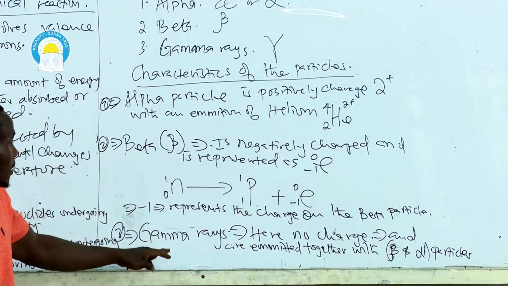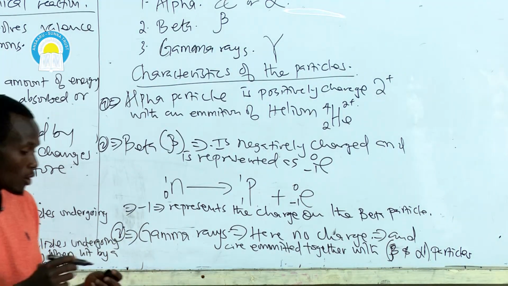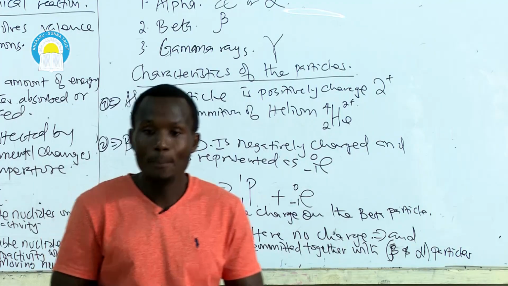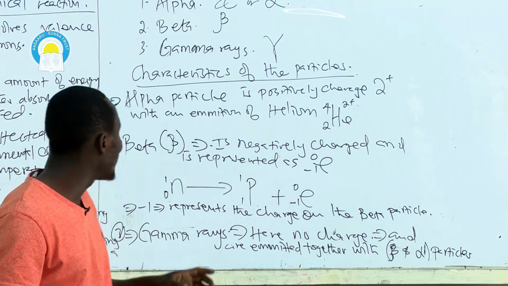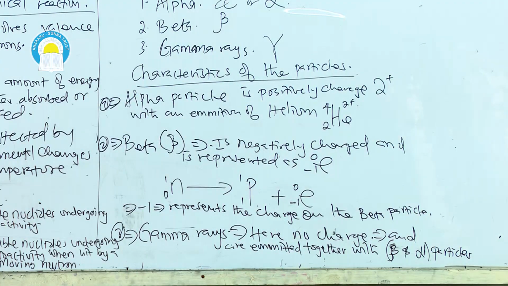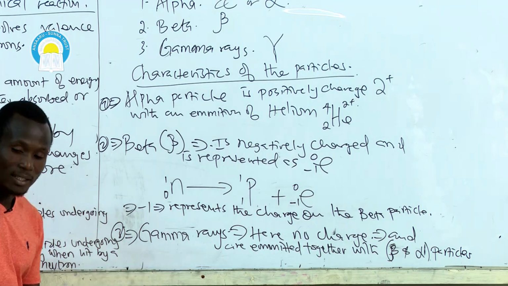So this gives us some of the characteristics of the particles that are being emitted. That is the alpha particle, the beta particle, and the gamma rays.